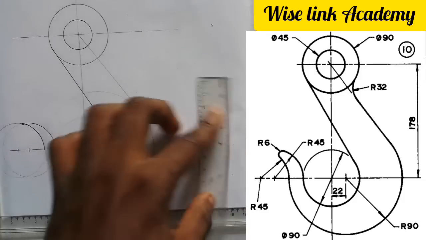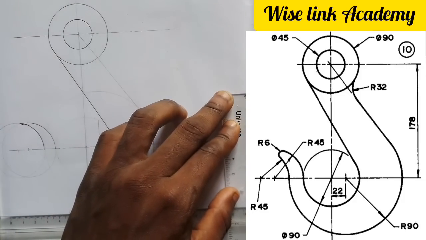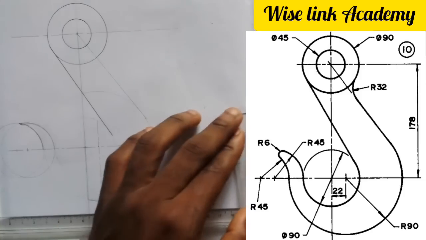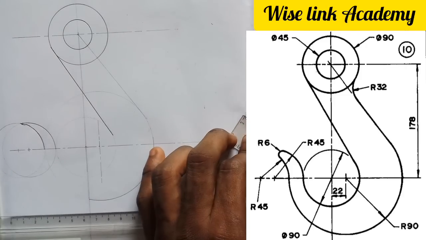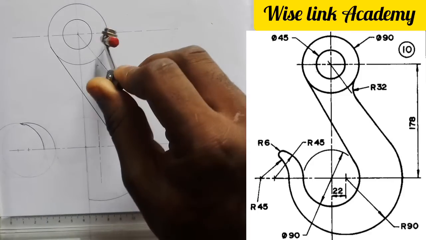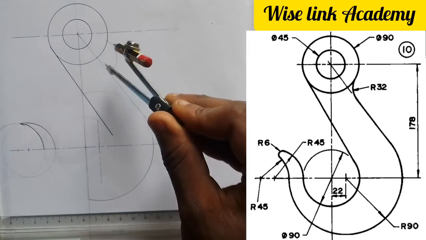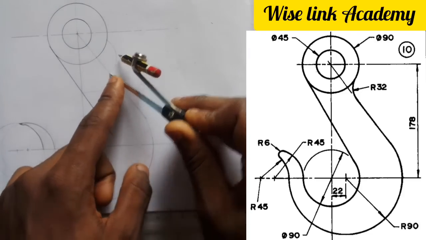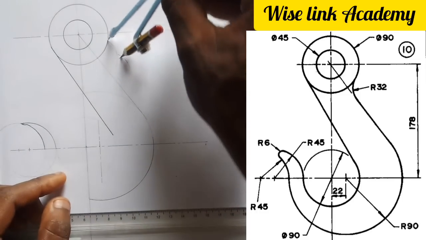16 from this point here to somewhere here is 16. Here is 16, right? So I'll put it at this point here, draw it this way. With that same radius, come to this point here, strike an arc, come to this point here, strike an arc.